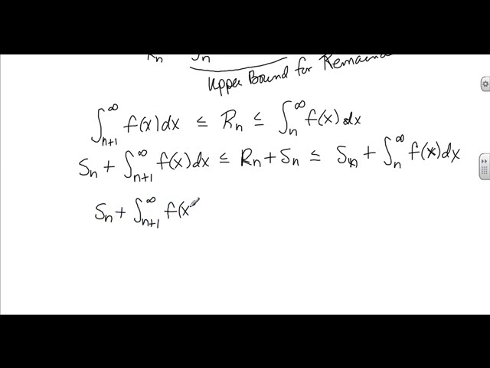And this actual sum of the series has got to be less than or equal to the nth partial sum plus the improper integral from n to infinity. So when we're looking at these improper integrals, if we have a convergent series, we're going to be able to find the value for the improper integrals.